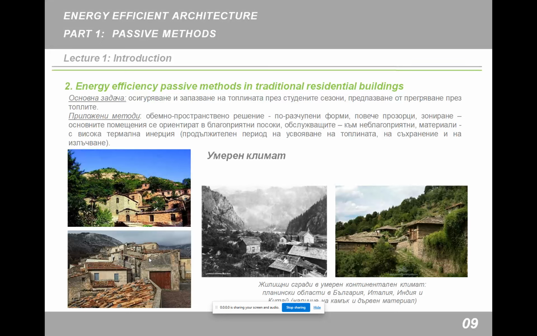So it's not possible to study all different variations of the climates in moderate climate zone, but presented here are 4 examples of residential buildings in, let's say, 2 different continents and in 4 different countries.